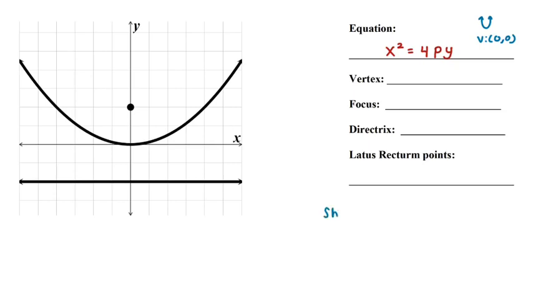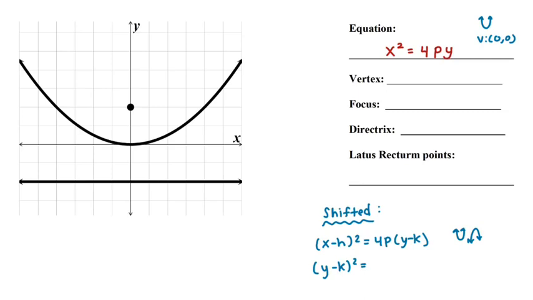The equations we're actually going to be referring to look more like this. When the vertex is moved, we have (x minus h) squared is equal to 4p times (y minus k). That is for an up or downward facing parabola. The other equation is (y minus k) squared is equal to 4p times (x minus h).